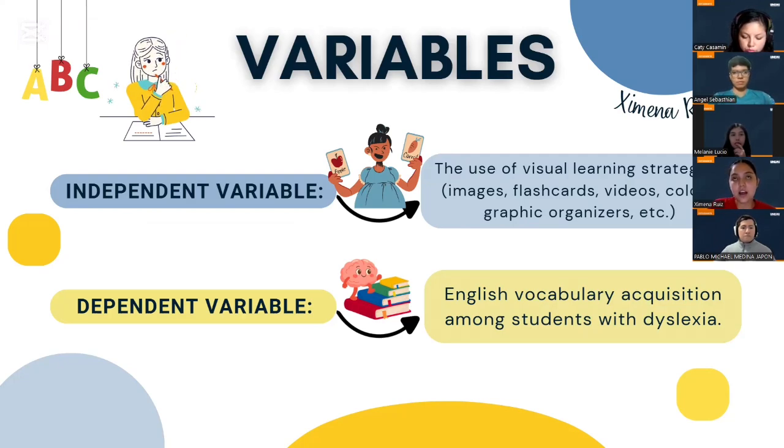This refers to how students learn, understand, retain, and use new English words. In this study, we want to analyze how visual learning strategies can influence vocabulary learning in students with dyslexia, and whether these strategies can improve their participation and learning experience in the English classroom.